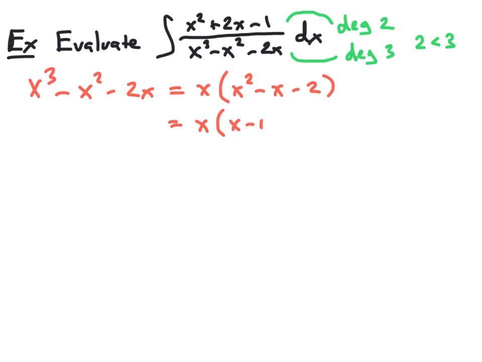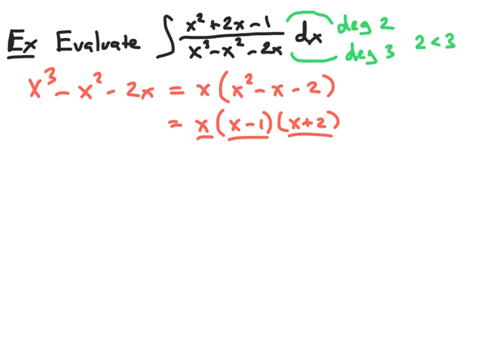It's going to factor as (x minus 1)(x plus 2). So here is our completely factored denominator, and we notice that we have 3 linear terms: x, x minus 1, and x plus 2, and none of them are repeated. So we have non-repeating linear factors in the denominator.